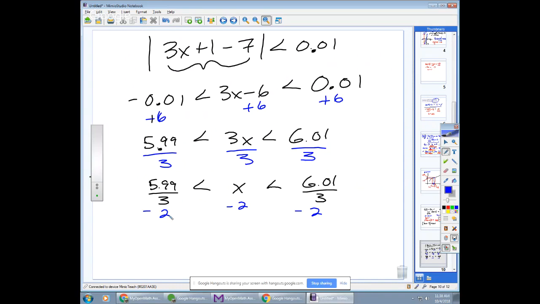So now I have x minus 2, and then I get negative 2 plus 6.01 over 3, and negative 2 plus 5.99 over 3. All right, so now whip out the calculator and calculate those two things and see what they are. So what is negative 2 plus 6.01 over 3? What is negative 2 plus 5.99 over 3?